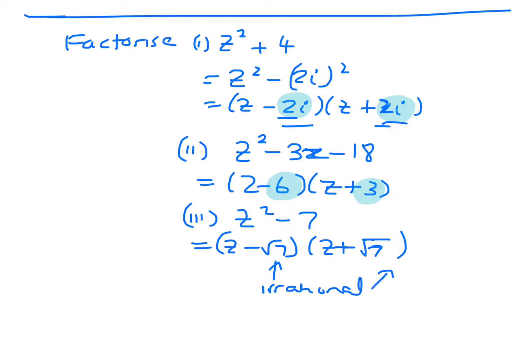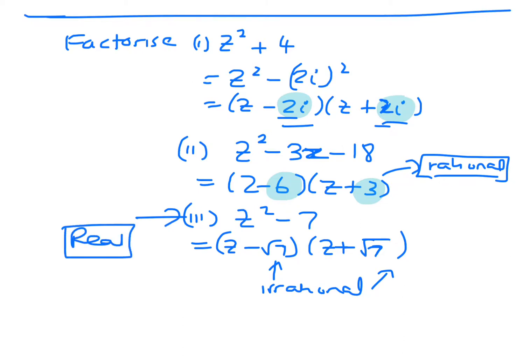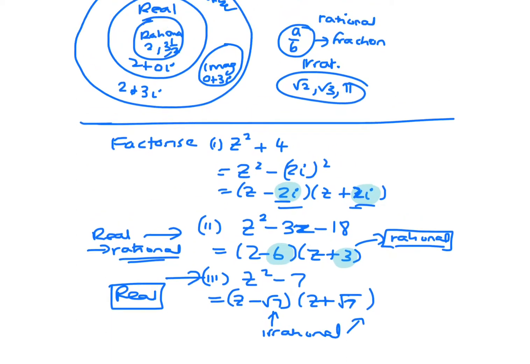By the way, these others are rational. So this one's over the rational field, and the rational field is also real. With z squared minus 7, you can only factorise it over the real field, because the rational field is contained within the real field.